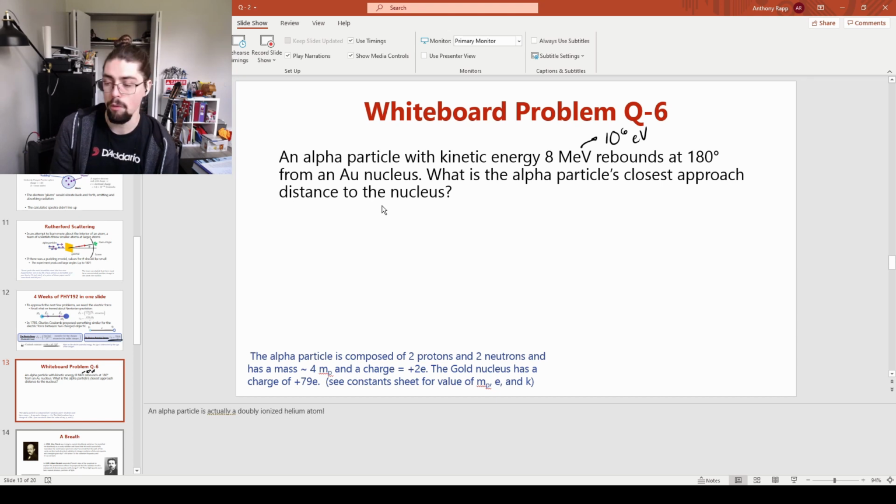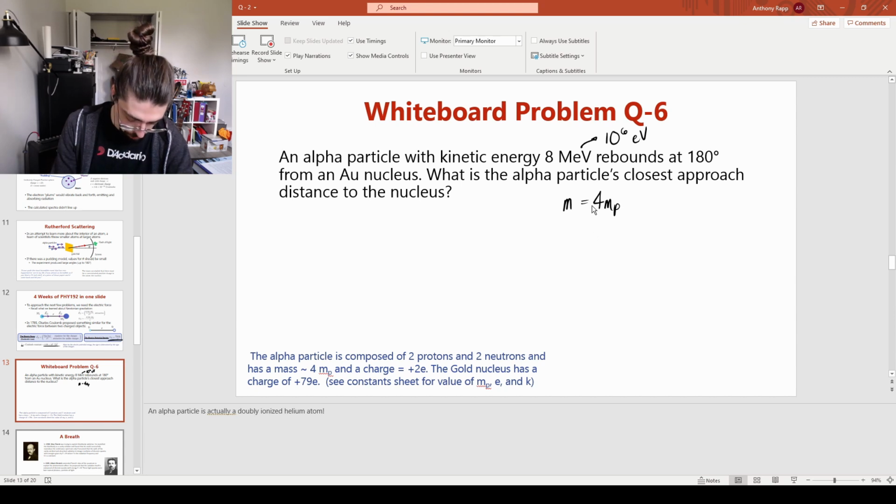Some of the hints that I will give you here: see the constant sheets for some of these values, but I can just feed these to you directly. Basically, what we've got going on here is that the mass of an alpha particle, as we would need it, would be 4 times the mass of the proton. The mass of the proton is, I thought I wrote this down somewhere. Oh, we don't actually need it. Never mind. Just kidding.